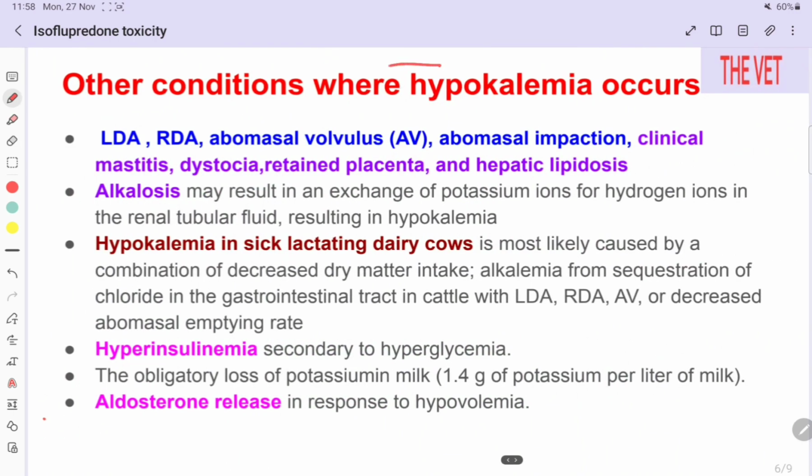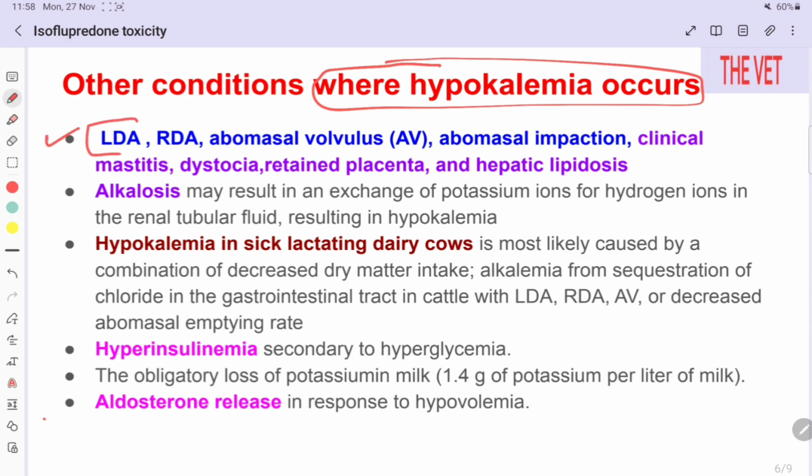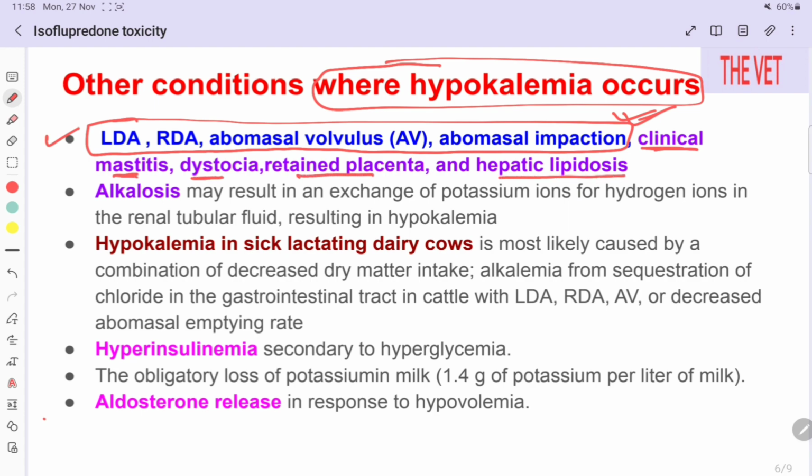Other conditions where hypokalemia occurs. First are all the conditions of the abomasum like LDA, RDA, abomasal volvulus, abomasal infection. They cause retention of potassium, and there is decreased potassium absorption, which results in hypokalemia. Also in clinical mastitis, dystocia, ROP, and hepatic lipidosis. Alkalosis also causes hypokalemia because there is exchange of potassium ions for hydrogen ions in the renal system.